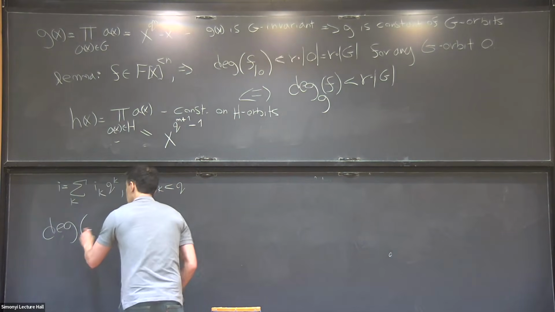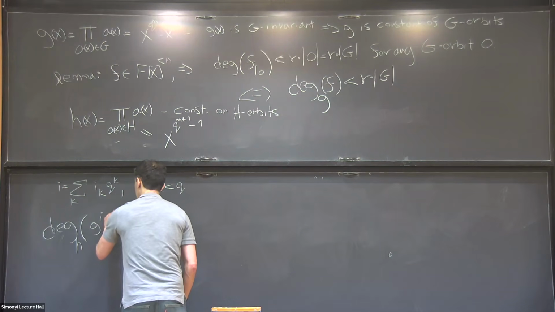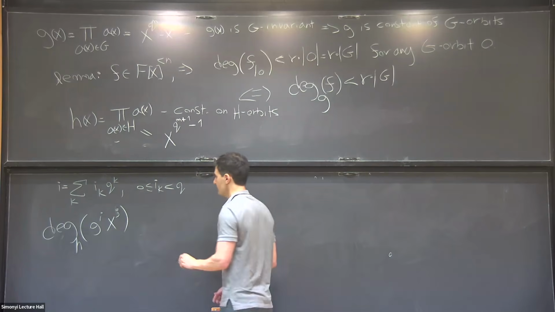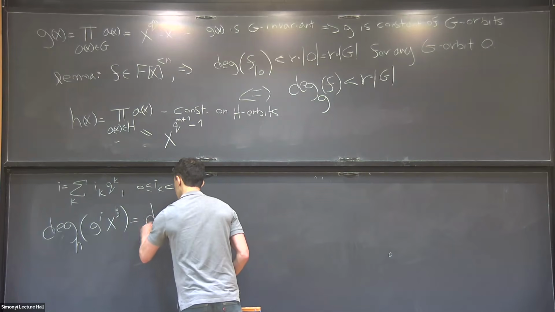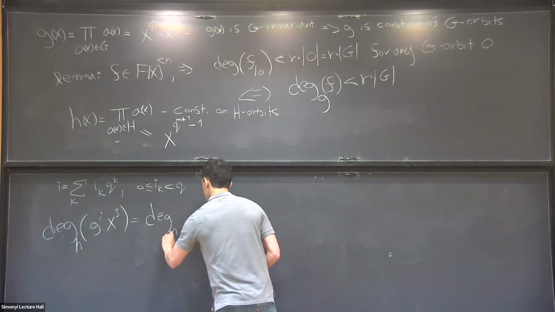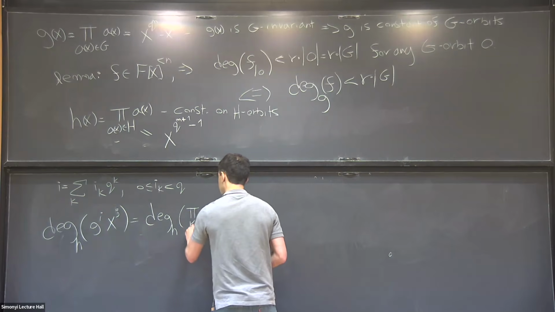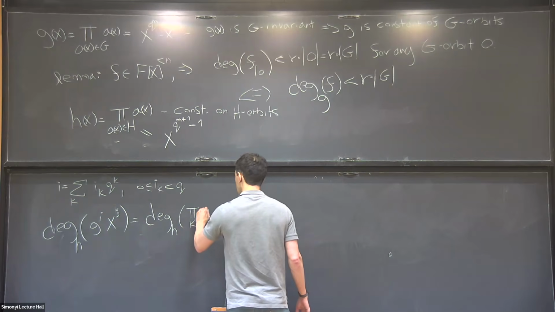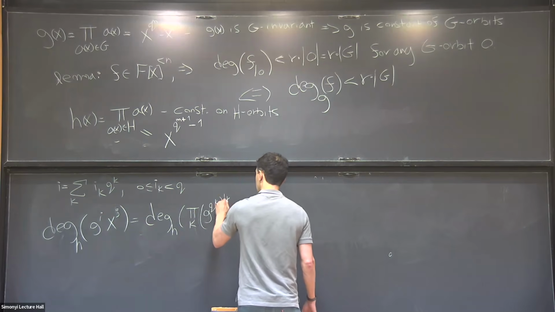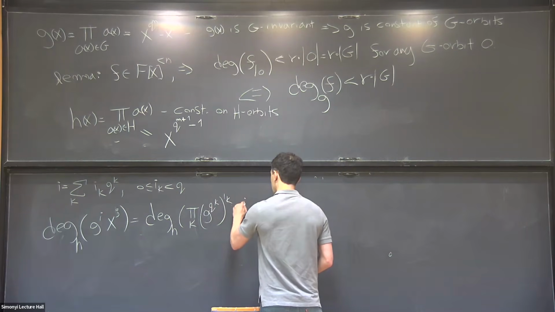What is the H-base degree of G to the I times X to the J? I want to understand this. Instead of I, I write this. So this is the H-base degree of the product over k of G to the Q to the k to the I_k, which is just G to the I, times X to the J.